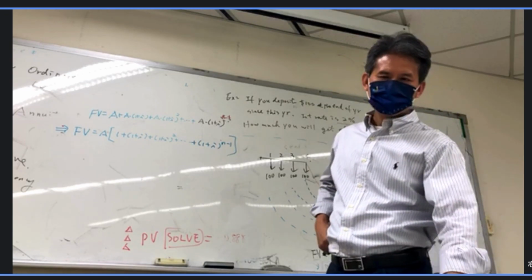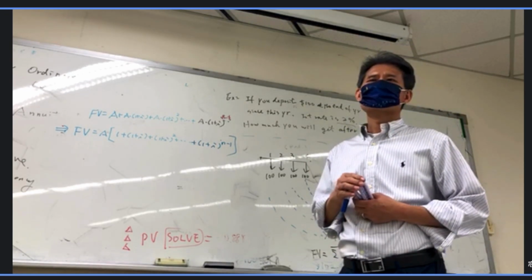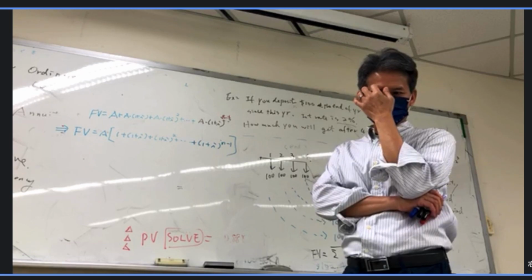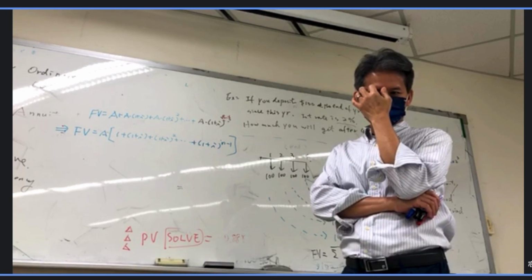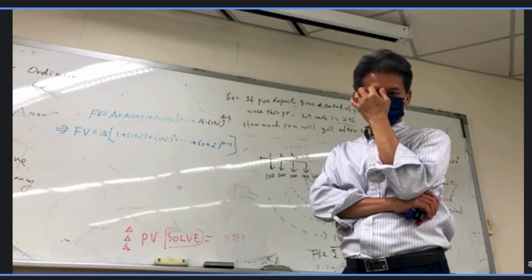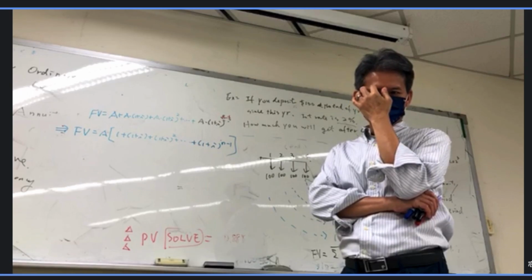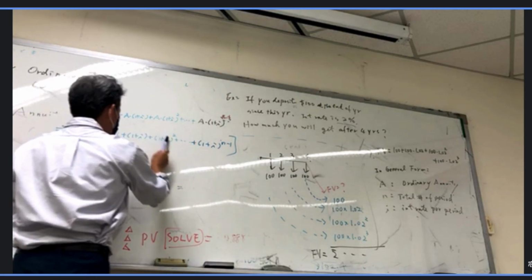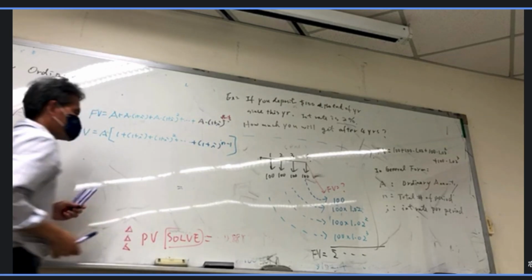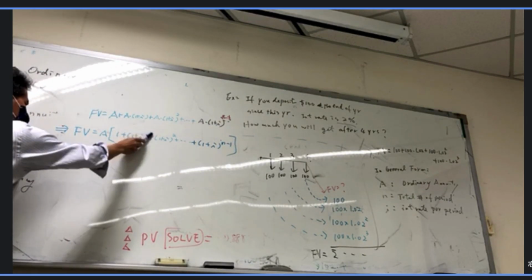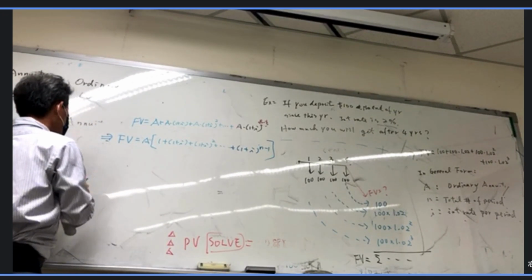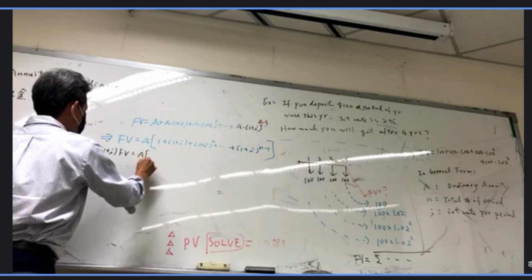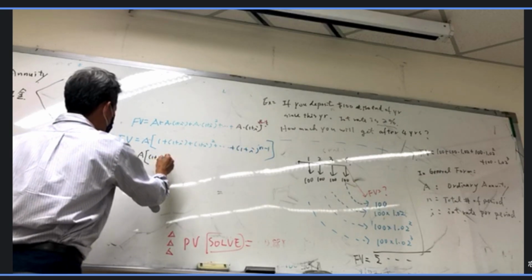Times 1 plus I on both sides. Yes. So once we find the common factor 1 plus I within the bracket, we multiply this common factor on both sides, and then put it inside.